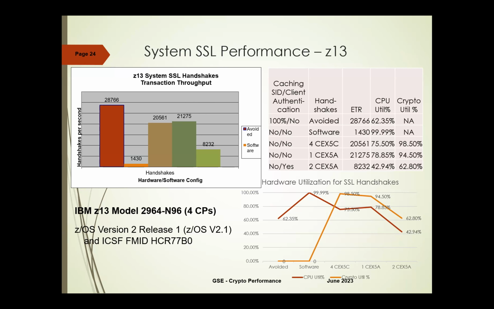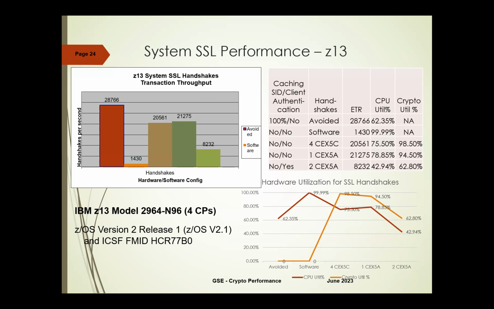I don't have an explanation of why, or what IBM did within the hardware, but my point is that the consideration for converting a coprocessor to an accelerator is much less compelling on the current technologies. It still will give you more throughput, and if all of your crypto work is network handshakes, it may be worth considering converting to accelerators, but it's just not quite as compelling as it was on earlier generations.